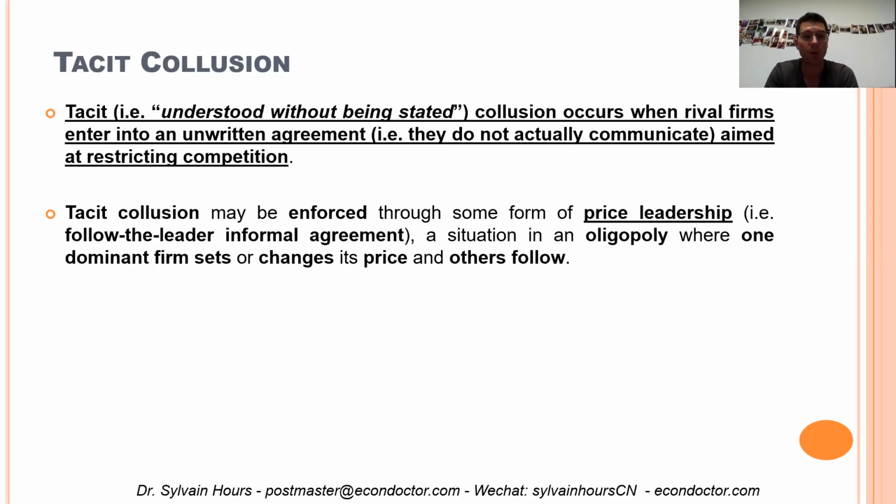At the end of the day, we will all be charging the same price, even though we have not met. We have just waited for the leader to set the initial price, and everyone is just copying or charging exactly the same price. So that's one way to coordinate and to engage in collusion, even though we never effectively meet.